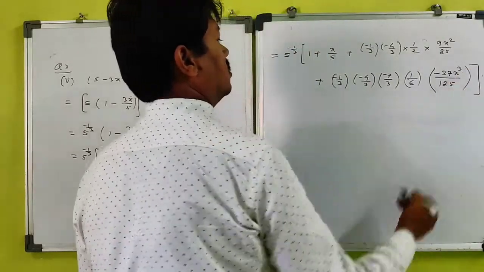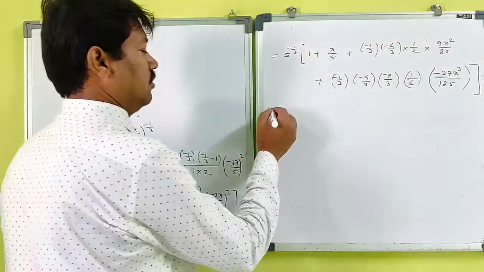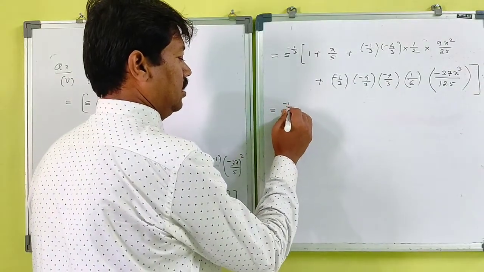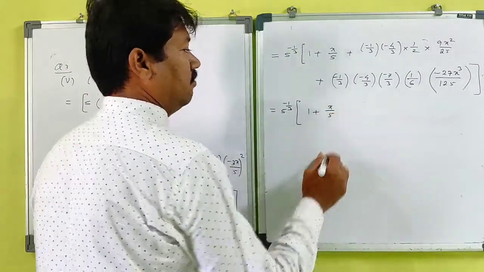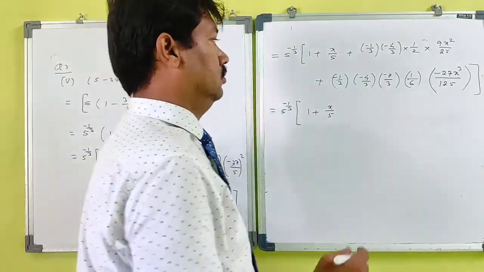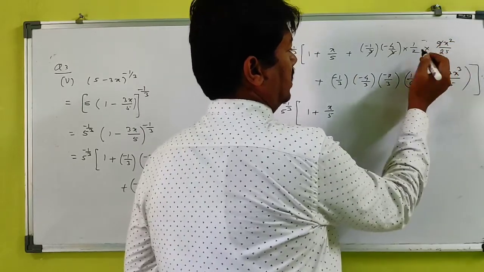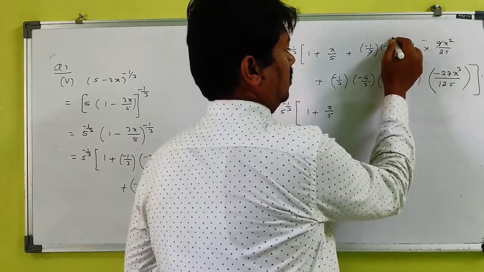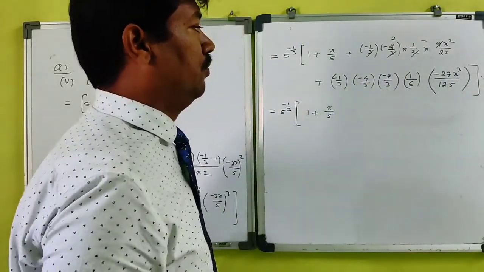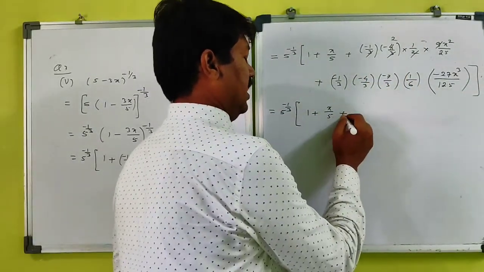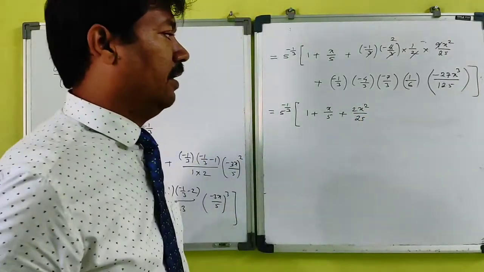So it is like this. Now in cancellation, that is 5 raised to minus 1 upon 3, 1 plus x upon 5. 3 into 3 cancels with 9, this 2 cancels with this 2, and both are negative, so that becomes plus 2x squared upon 25.